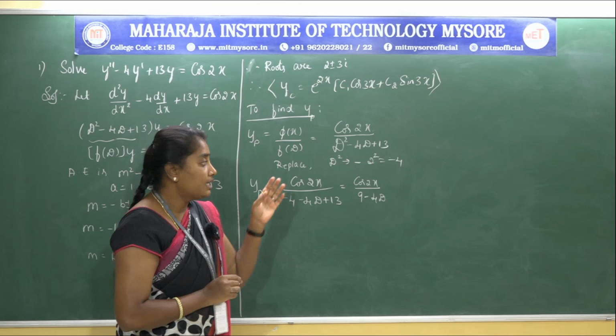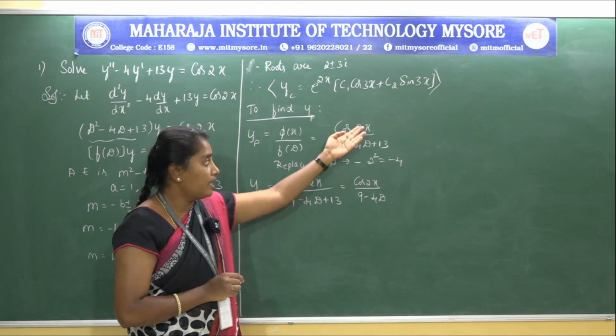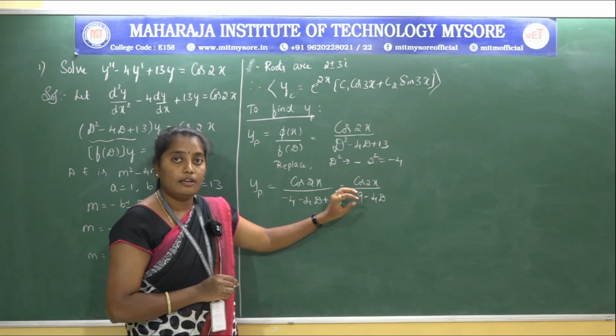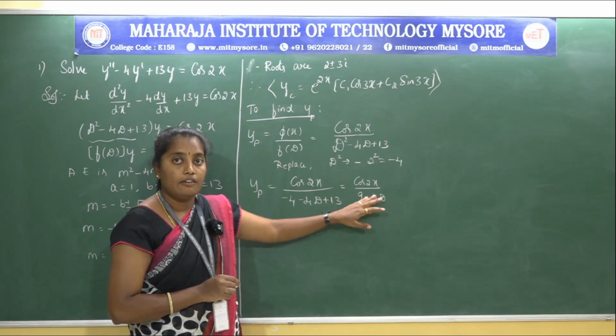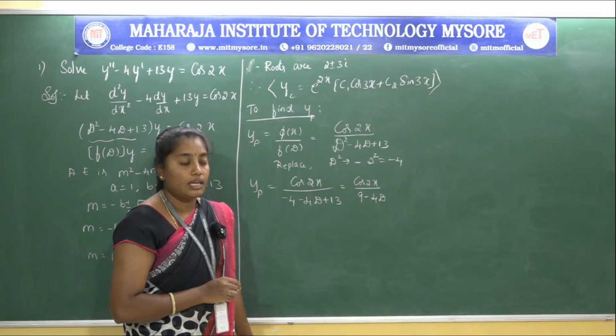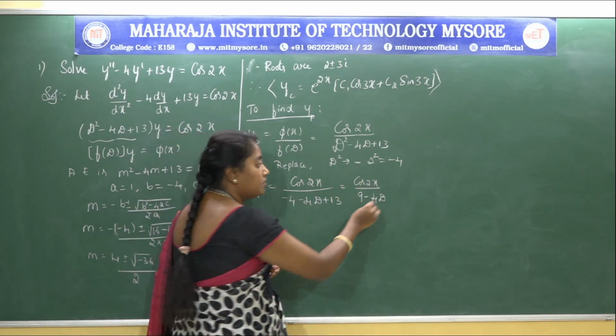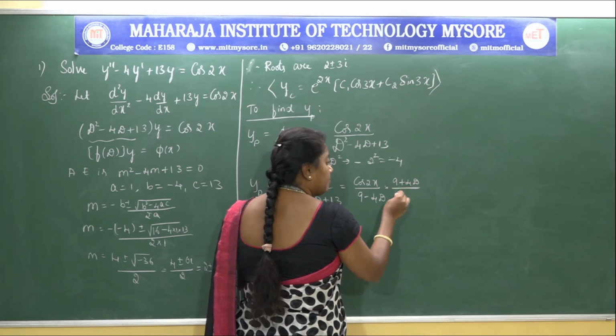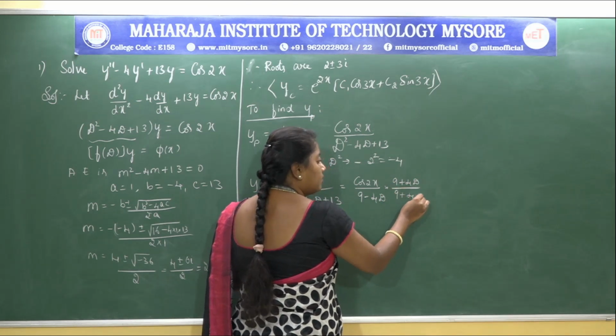If a D term exists, we have to multiply by its conjugate. The conjugate of 9 minus 4D is 9 plus 4D, divided by 9 plus 4D.